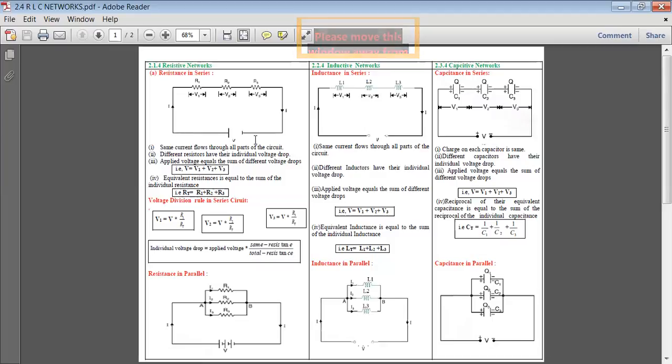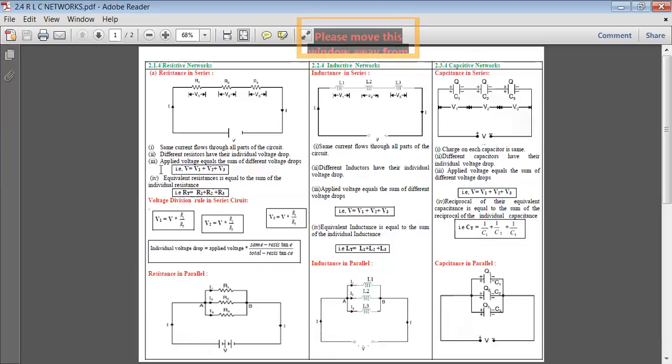I have given some voltage to this circuit and the current flowing is 2 amperes. What is the current through R1? 2 amperes. What is the current through R2? 2 amperes. What is the current through R3? 2 amperes. This means the current flowing through all the elements is the same, which indicates that the same current flows through all parts of the circuit.